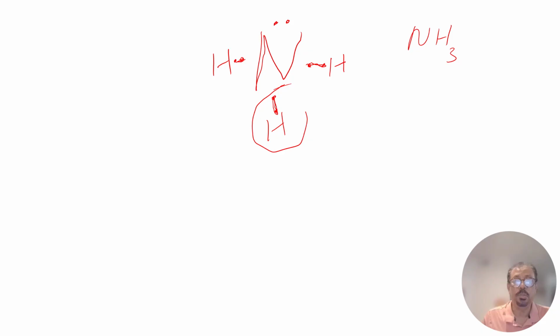Remember, ammonia is NH3, so it has three hydrogens, each with 1 electron, and they share. Now each hydrogen has 2 electrons, satisfied.